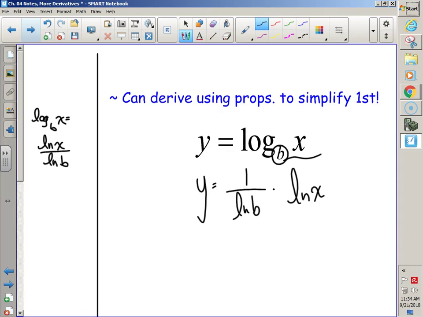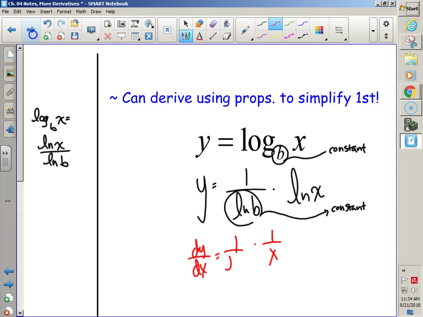Who's b? So what's ln of b? So can't constants, coefficients just come out in front? Oh, so how would I take the derivative of this guy? Wouldn't I just take the derivative of ln of x, but wouldn't I also have the coefficient 1 over ln of b?